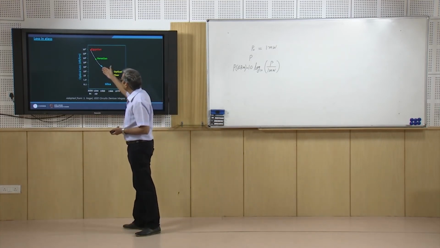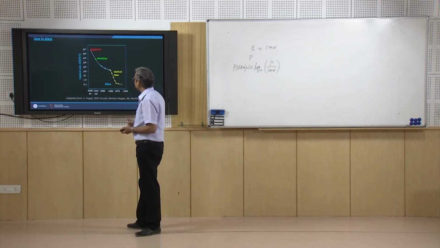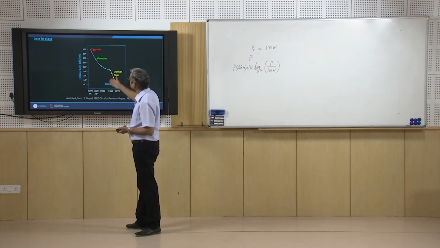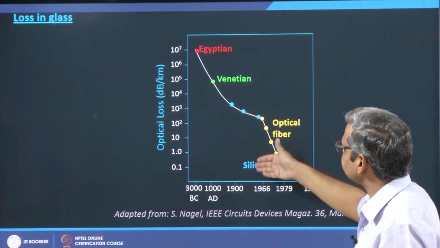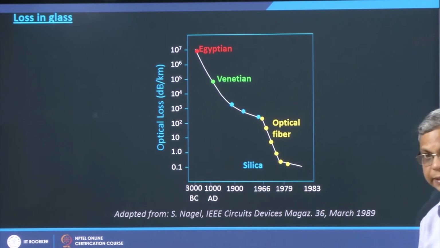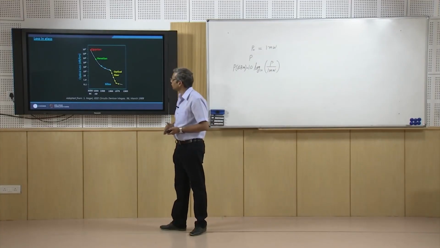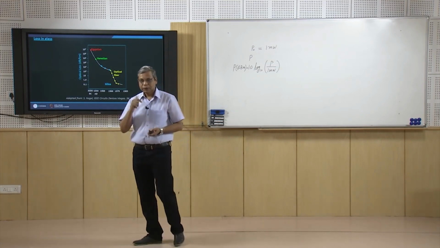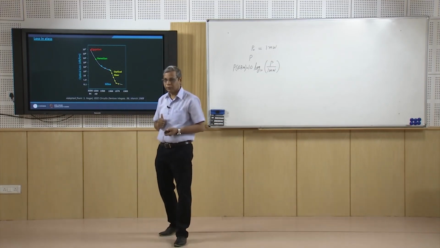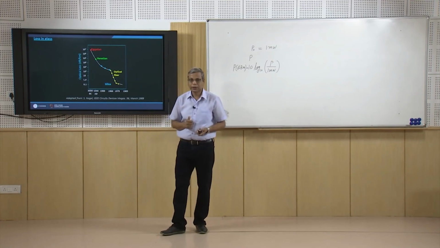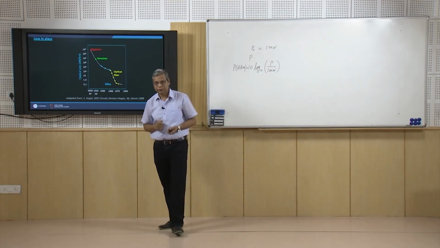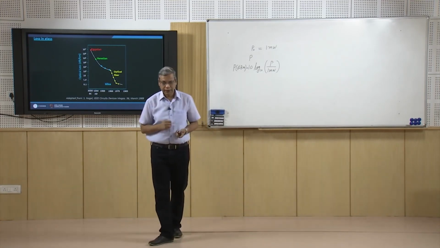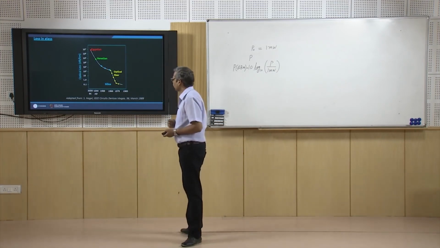Then in 1900 it was around 1000 dB per kilometer, and around the mid 60s the loss was around 100 dB per kilometer. That is where Charles Kao proposed that the loss should come down to 20 dB per kilometer for the fiber to be used in telecommunication.